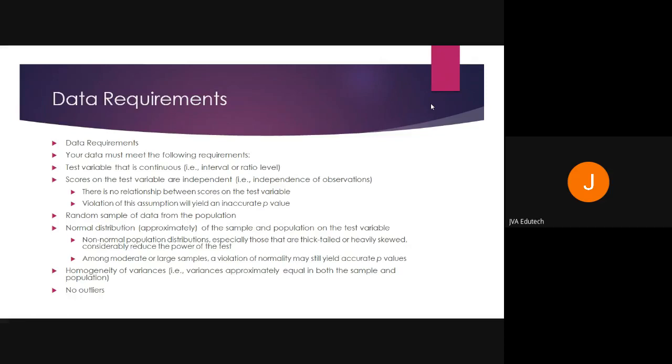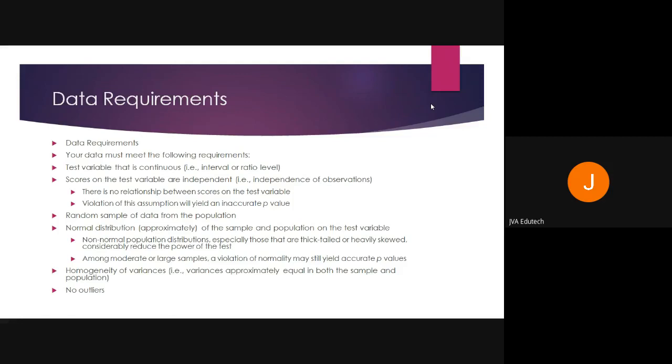Then scores on the test variable should be independent, meaning one score is not affecting the other score, so every observation should be individual. Then the sample should be drawn randomly from the population, either through simple random sampling or cluster or whatever sampling method, but it should be probability sampling.